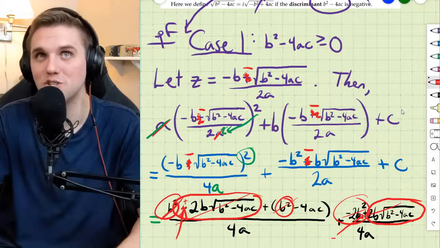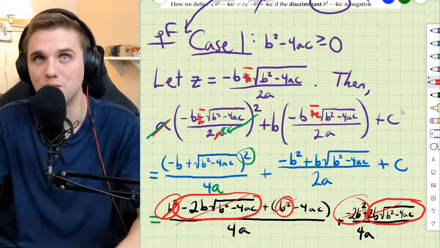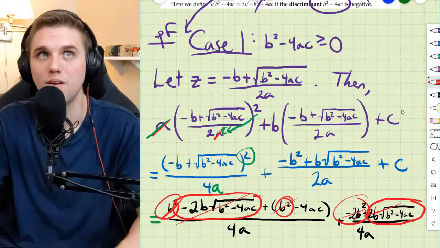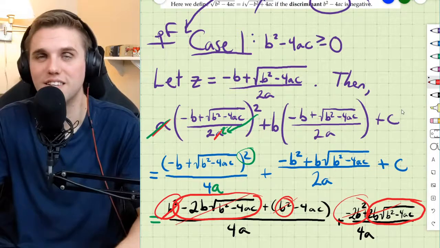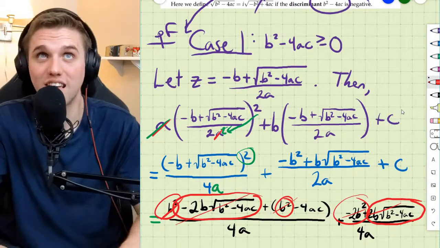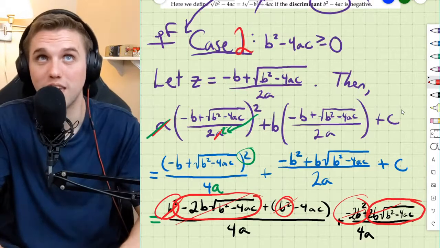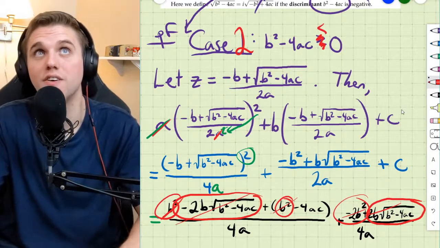But we haven't done case 2 yet. So let's do case 2. But again, I'm going to do it in a way that doesn't require me to write all of this out again. Because case 2 is really similar to case 1. It's just when b squared minus 4ac is negative.